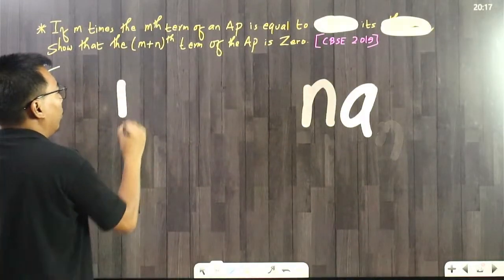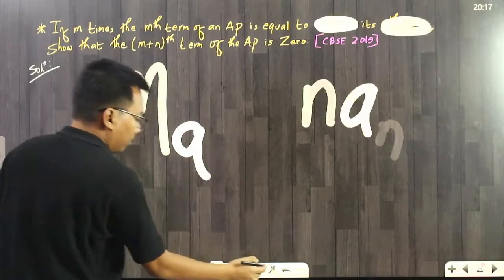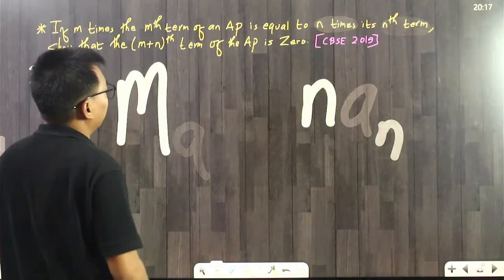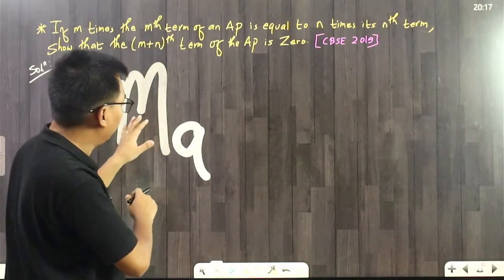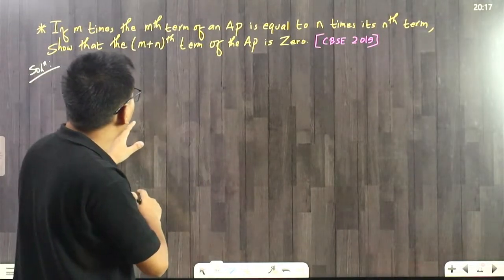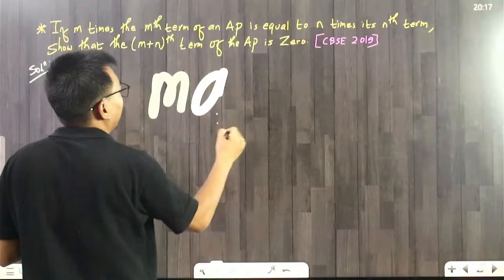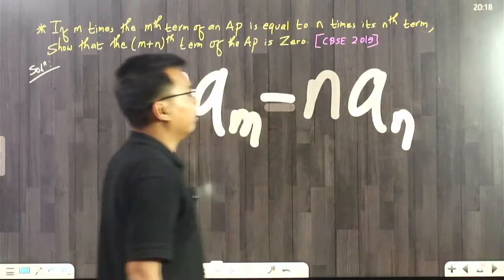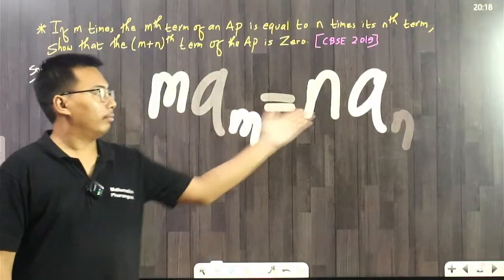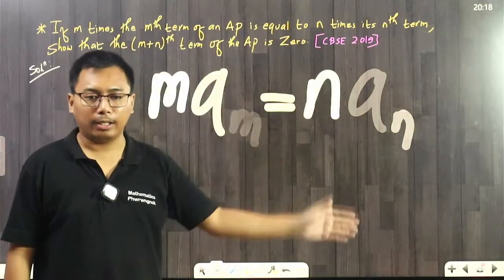So m times the mth term is equal to n times the nth term. This is what the question is telling.